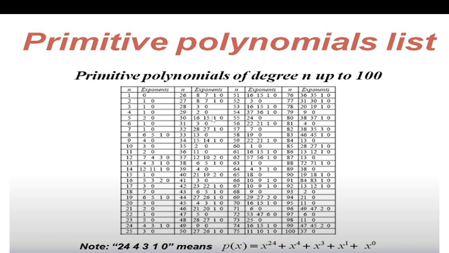Next is what is the primitive polynomial. We said that there are 6 patterns that can be generated.